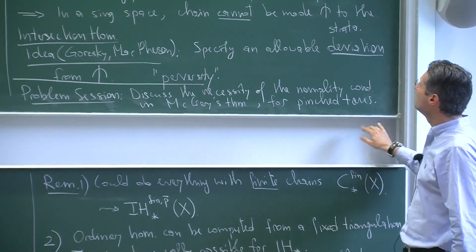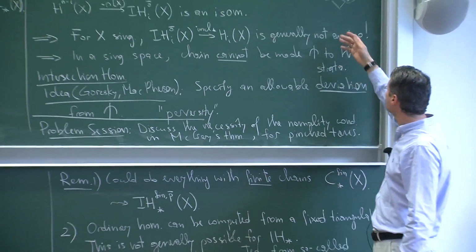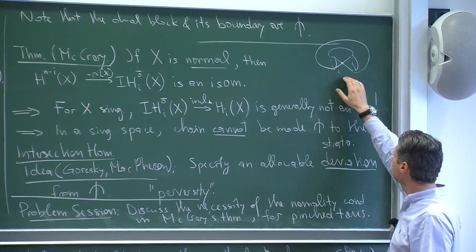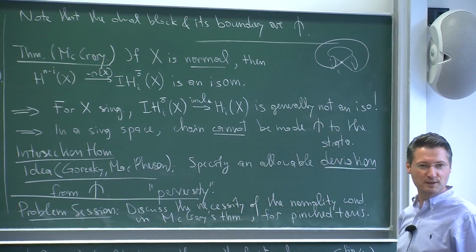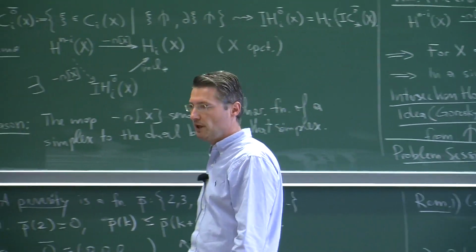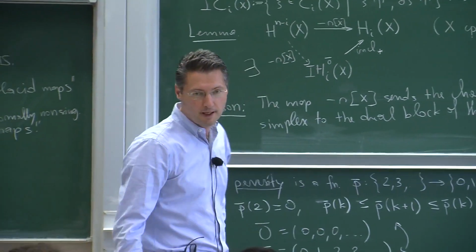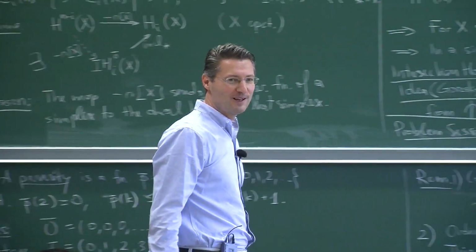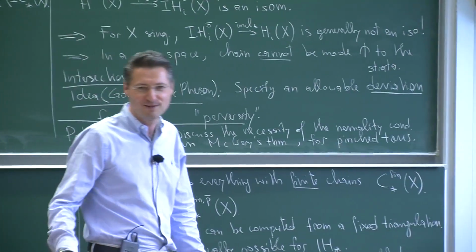So this is extremely simple, right? There, as I pointed out, the normality condition is violated. So perhaps you could try to compute for this very, very simple space what the intersection homology actually is and compare it to the ordinary cohomology, and then see, perhaps this shows the necessity of the normality condition. We'll see in the problem session.